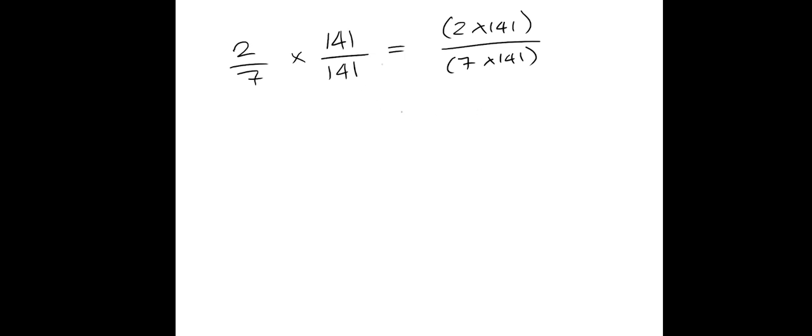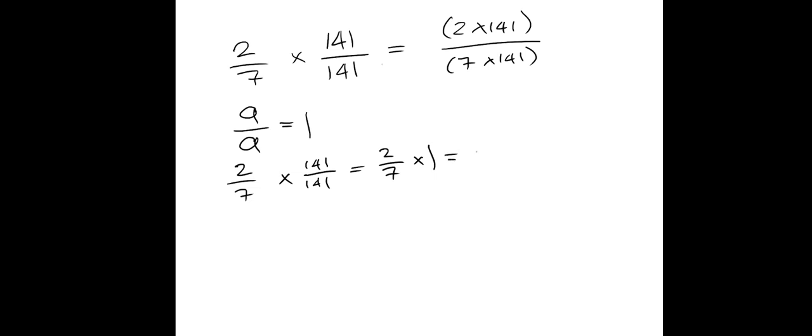But notice our rule. Remember our rule. Any number divided by itself, as long as it's not 0, is 1. So 2/7 times 141 over 141 is the same thing as 2/7 times 1.